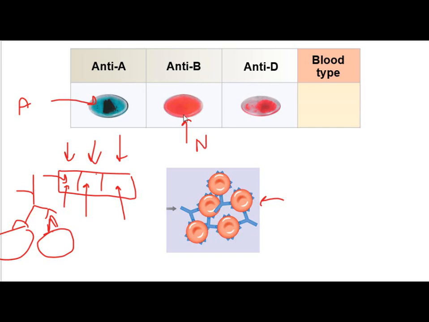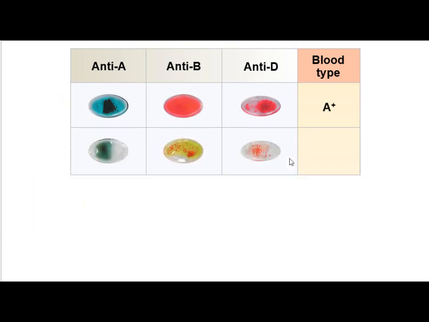Because no agglutination occurred for B, there is no antigen B. And agglutination occurred for D, which means antigen D is present. If this blood contains antigen A and D, my conclusion is that this is A plus blood type.